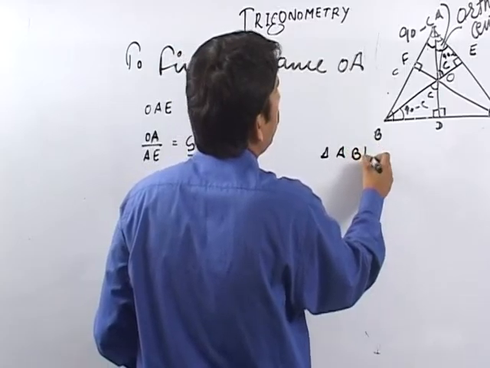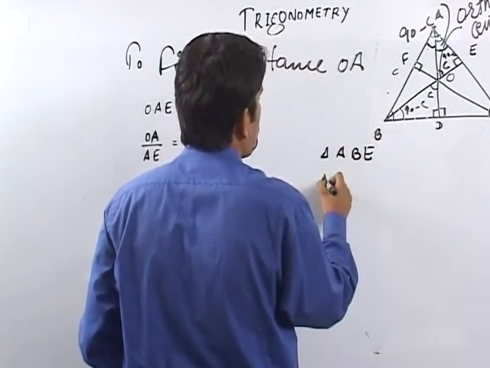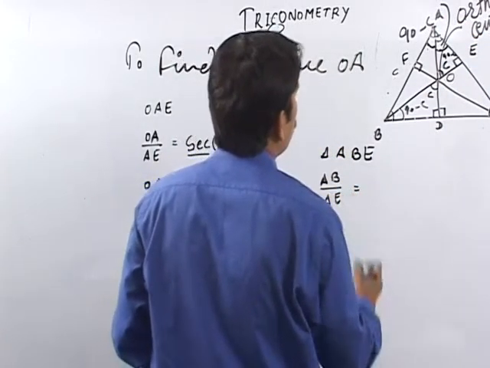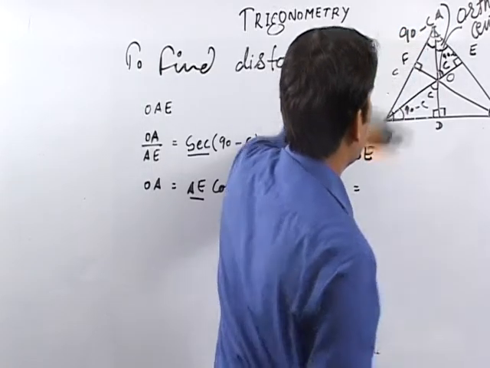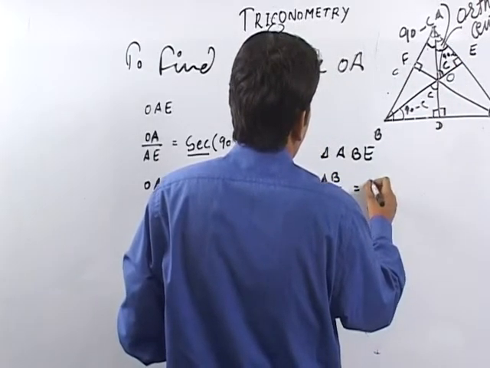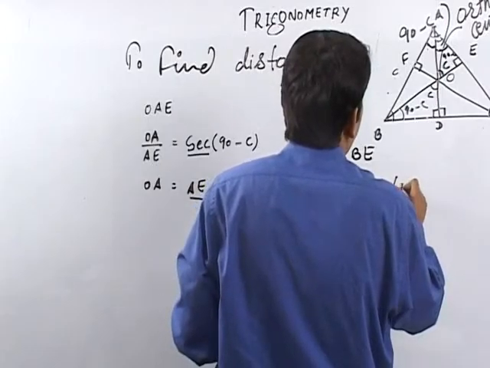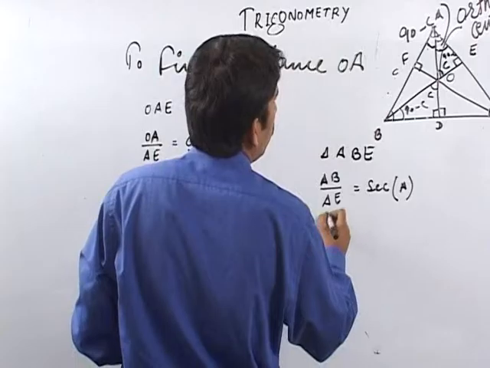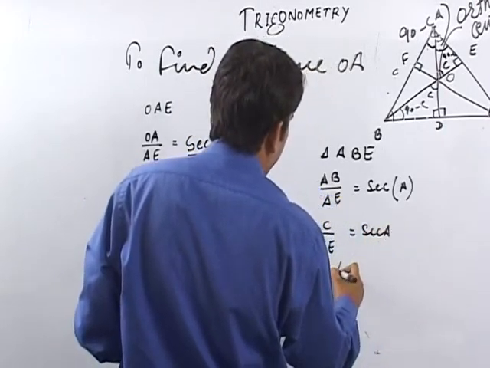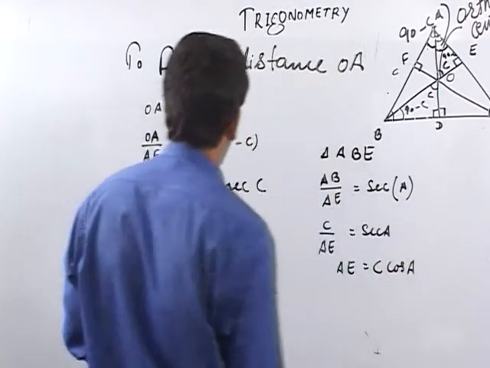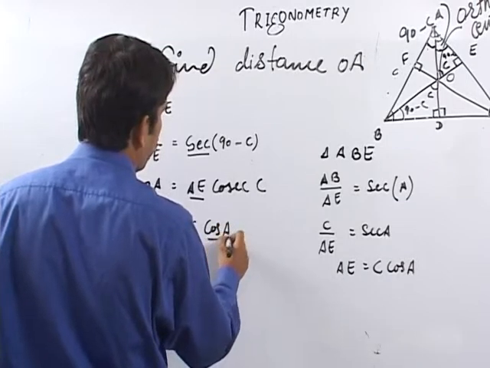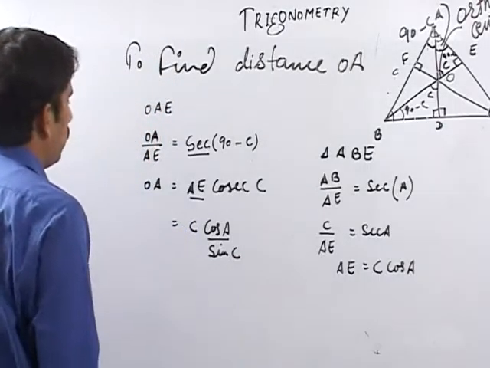In triangle ABE, AB over AE is equal to, now this is hypotenuse, and if we take this angle A, then this will be base, so this will become hypotenuse over base, which is again equal to secant of angle A. AB is c, so c over AE is equal to secant A, and AE is equal to c cos A. Now if you put this value here, you will get c cos A over sin C. Now this is OA.